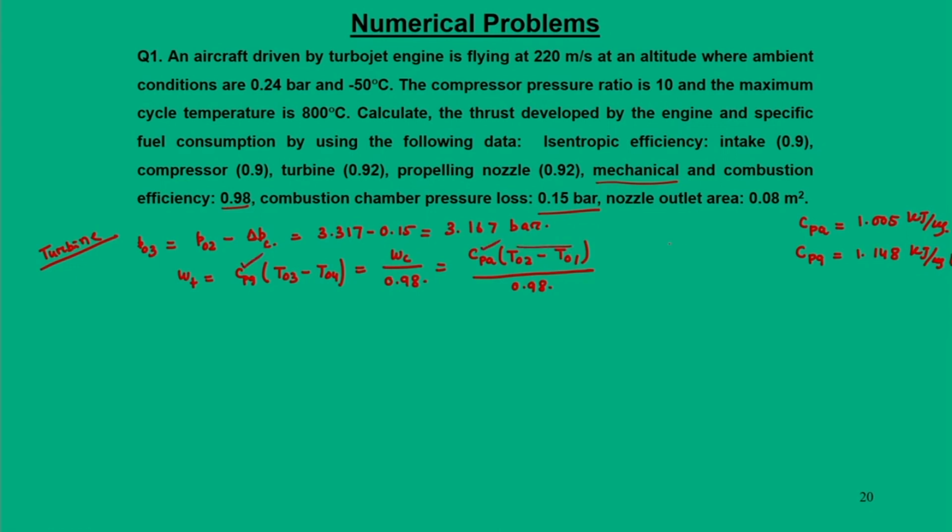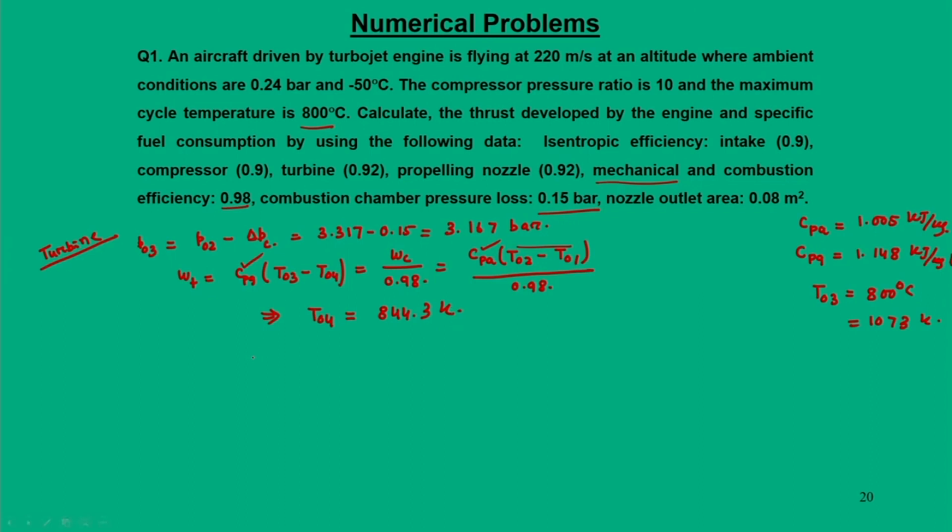Then T naught 3 is given as 800 degree centigrade, 1073 Kelvin. By solving this, we can get this number T04 as 844.3 Kelvin.